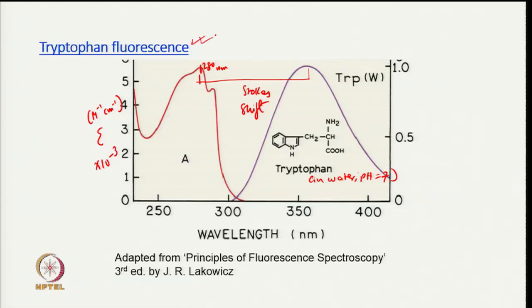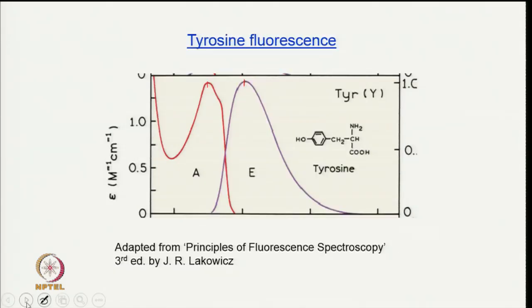This is tryptophan fluorescence. Here is your absorption band and here is the emission band. Tryptophan absorbs at 280 nanometer and it emits around 360 nanometer, and the difference between these two is around 80 nanometer.